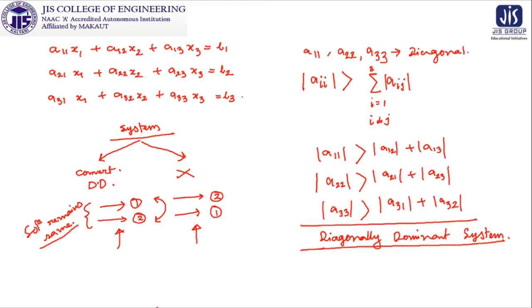Now, one question should be in our mind: what are we going to do with that? Just for example, suppose 2x plus 3y plus 4z is equal to 7, whatever, just for example, and 10x plus y plus z is equal to 14.